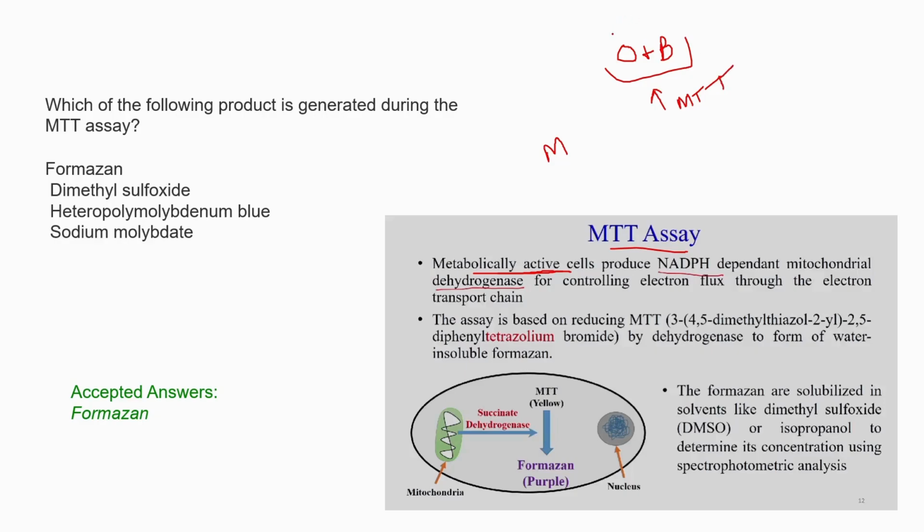Based on the percentage of active cells, the NADPH dependent mitochondrial dehydrogenase will reduce this MTT into purple formazan.